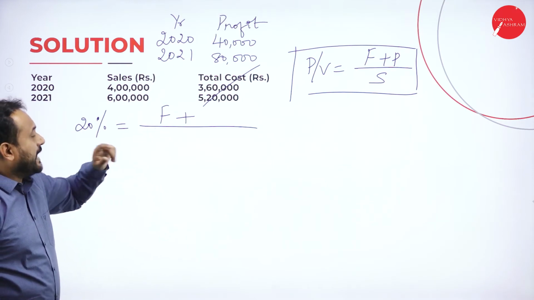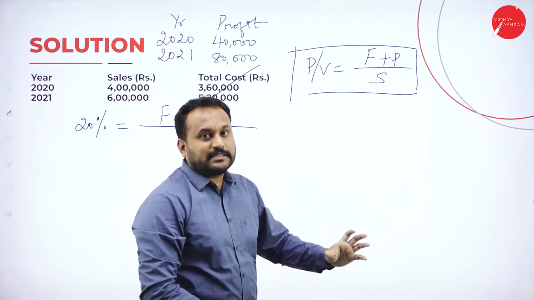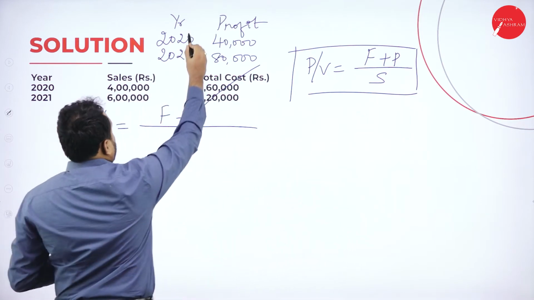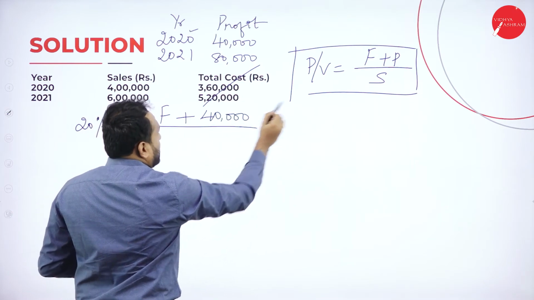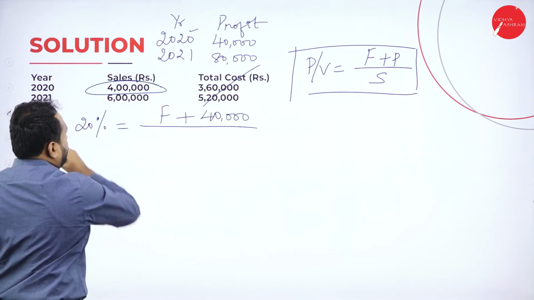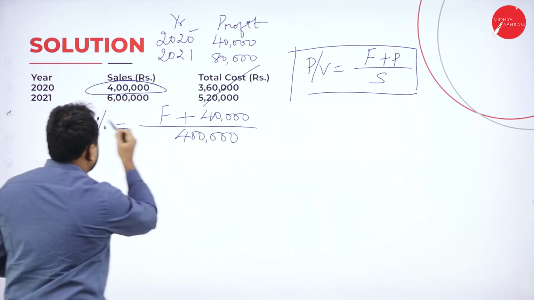So here, any one year's profit you take, the same year's sales you are supposed to go with. So I'll take 2020 right now. Here 40,000 is the profit. Sales is how much? 4 lakh. So I'll write here 4 lakh. Let's cross multiply.